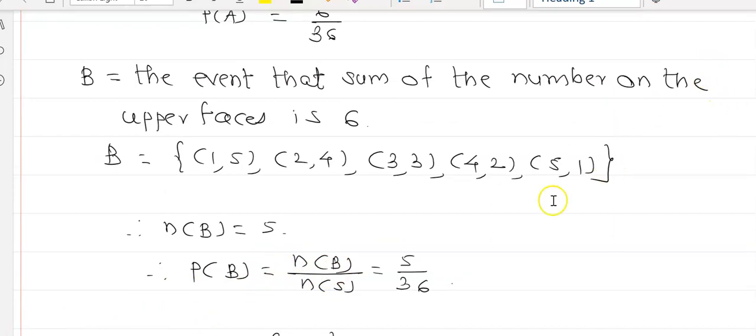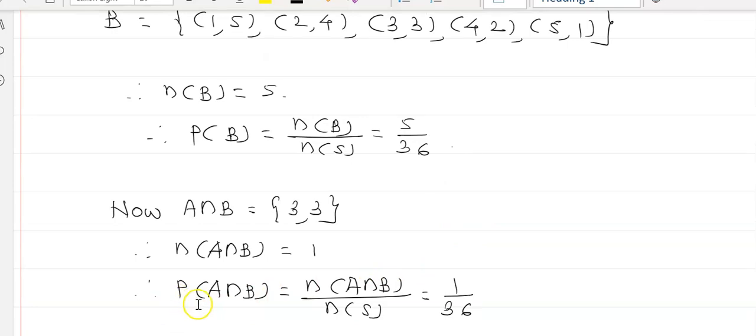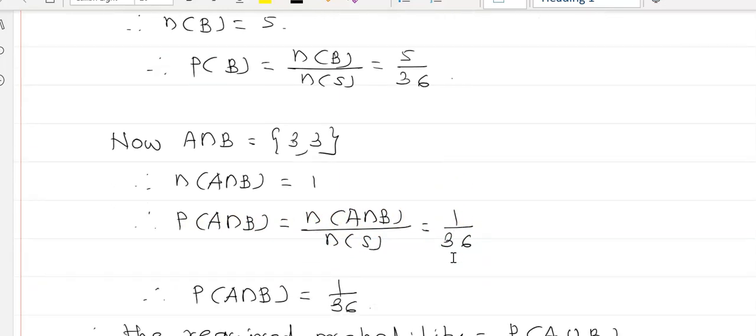And their intersection, A intersection B, is equal to (3,3). n of A intersection B is equal to 1. Therefore, P of A intersection B, that is n of A intersection B upon n of S, is equal to 1 upon 36.